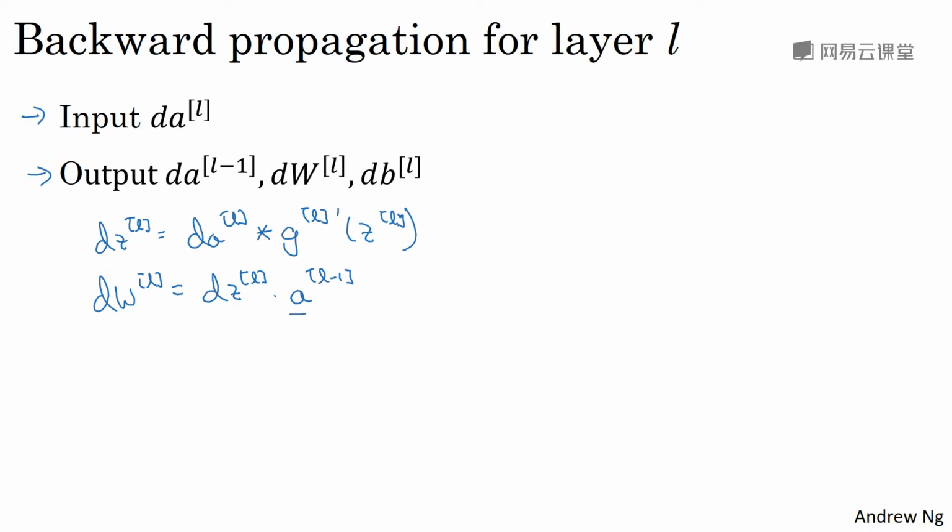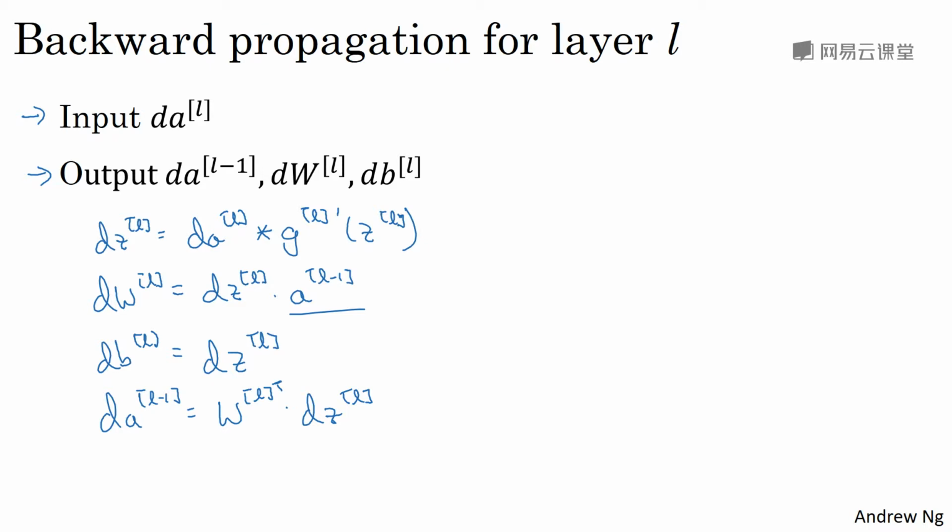I didn't explicitly put that in the cache, but it turns out you need this as well. And then db[L] is equal to dZ[L], and finally dA[L-1] is equal to W[L] transpose times dZ[L].